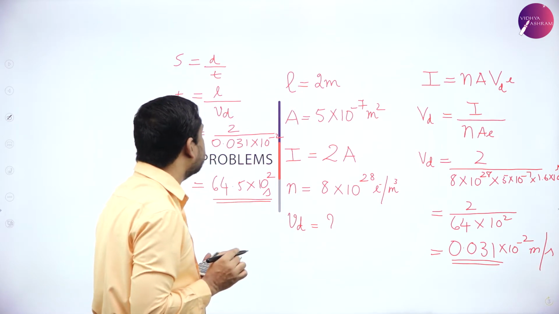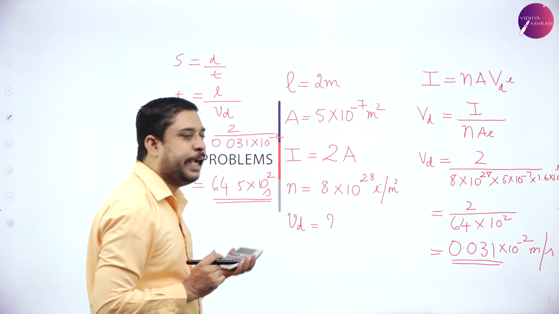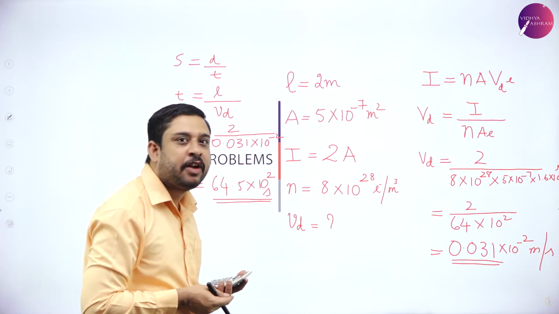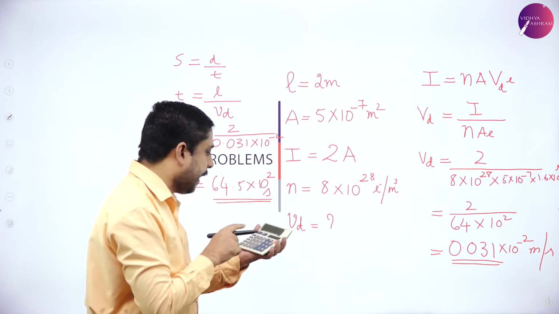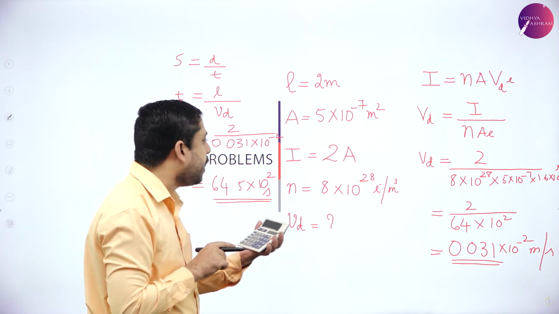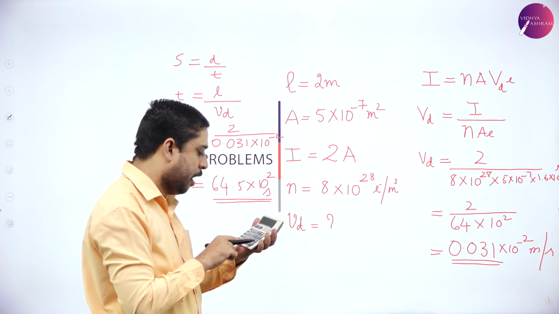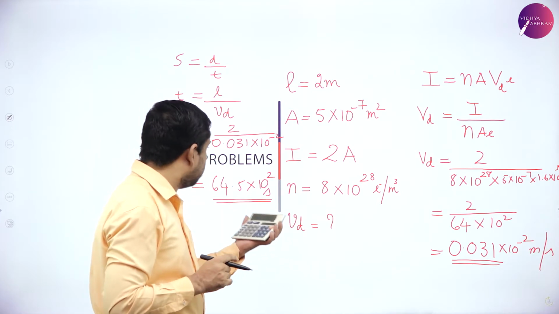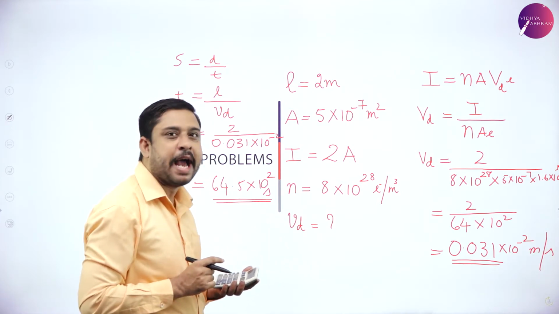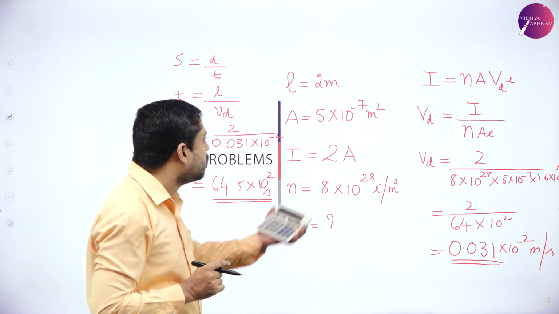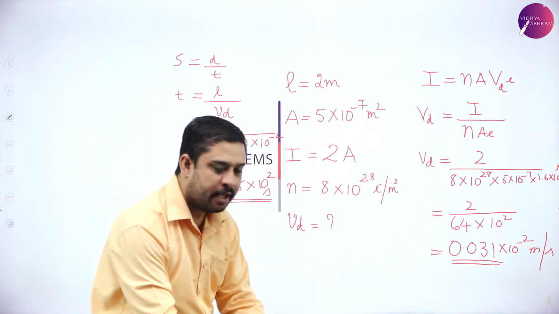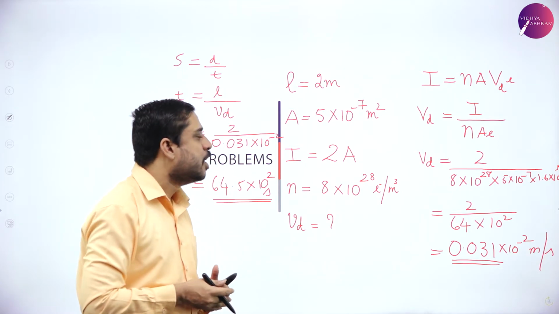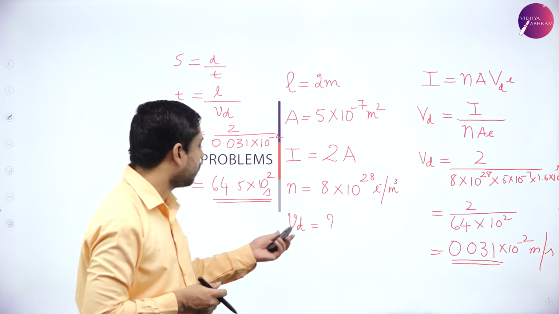So this is the time taken by the electrons to drift from one end to another. Again, it is 2 divided by drift velocity 0.031, which is 64.5 into 10 power 2. So, very clearly if you see, the conceptual depth will clearly help me to solve the problem.